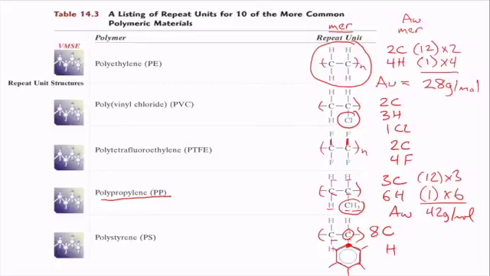So that would be 5 plus 3. There are also 8 hydrogens. So 8 carbons, 12 times 8, if I remember right, is 96. And then 1 times 8 gives us 8. So the atomic weight of polystyrene is 104 grams per mole.